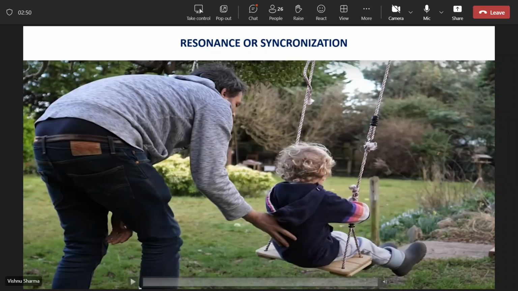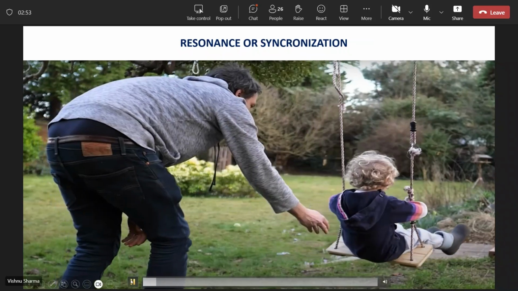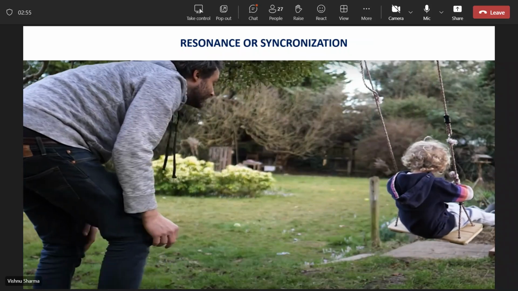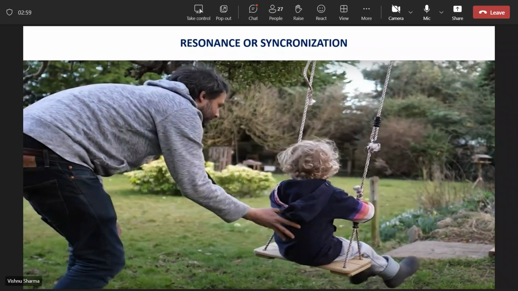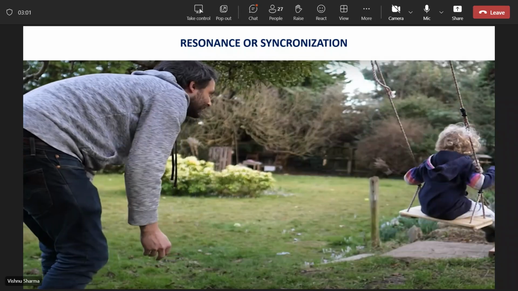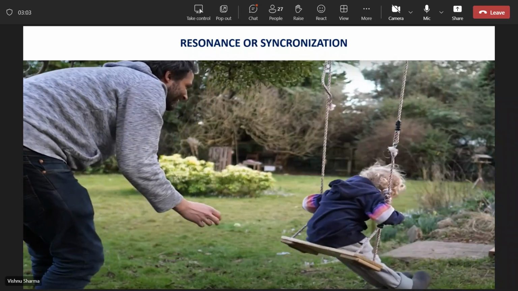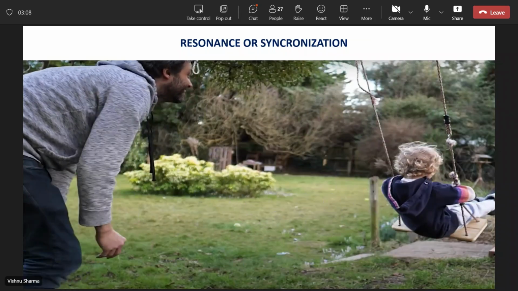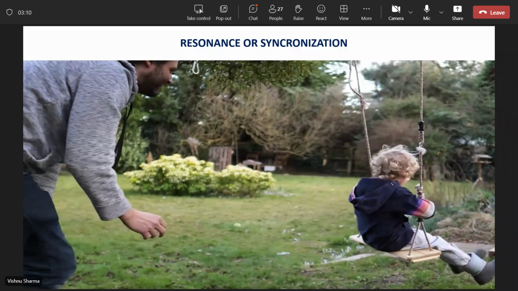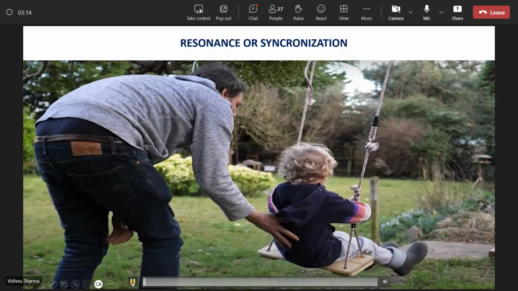Look at this small clip. When is he pushing? See, he is waiting now, and now he pushes at the same frequency. So the frequency of the applied force is equal to the frequency of the swing, and therefore the amplitude of this swing is increasing.